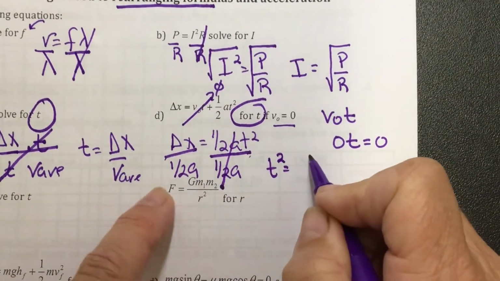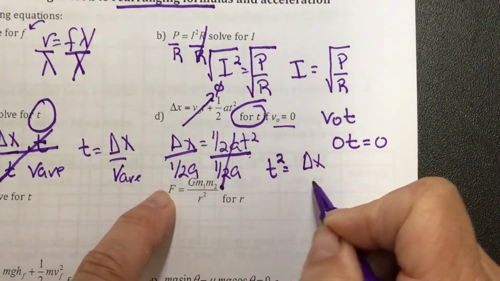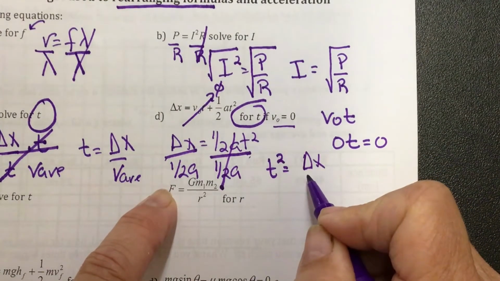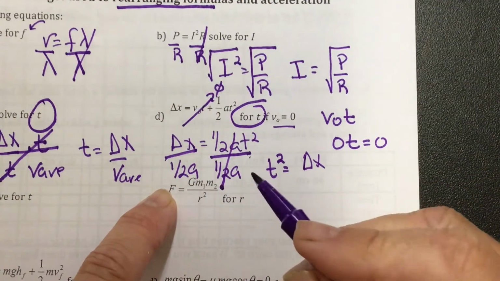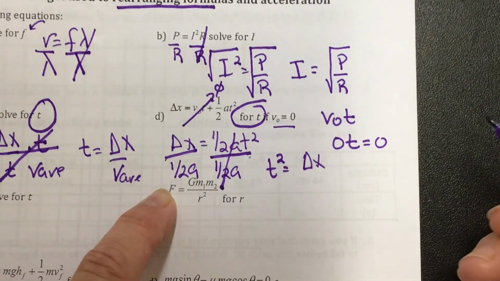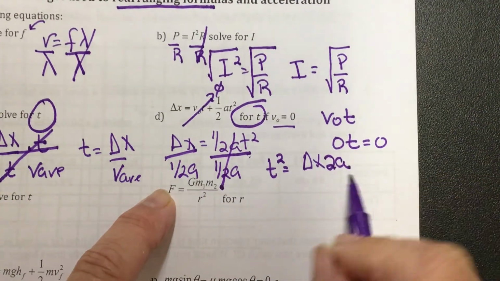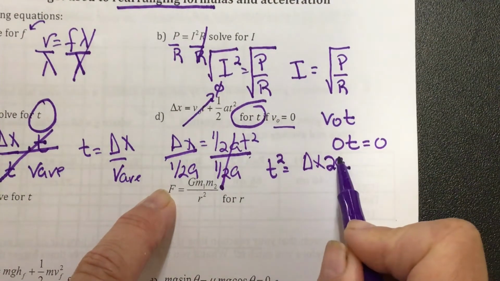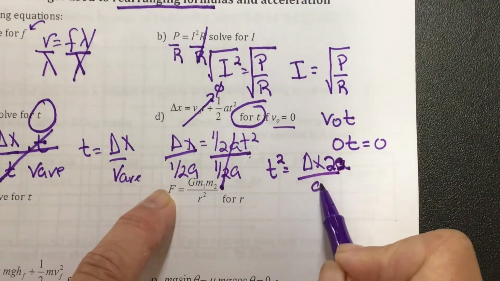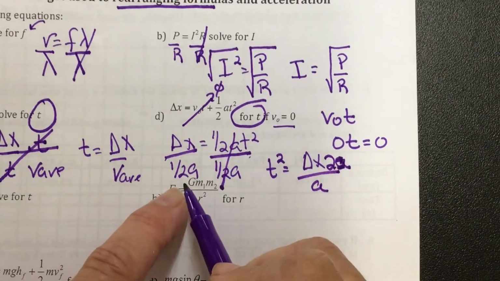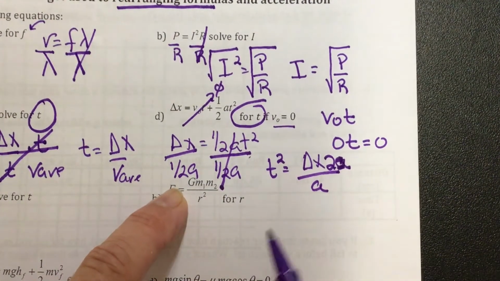equals delta x. All right, so I could divide by 1/2, but in math class we've learned that that means multiply by the reciprocal. So that would be 2 over a, 2 divided by a. My mistake, sorry, because it's the reciprocal of 1/2, but a still stands below.